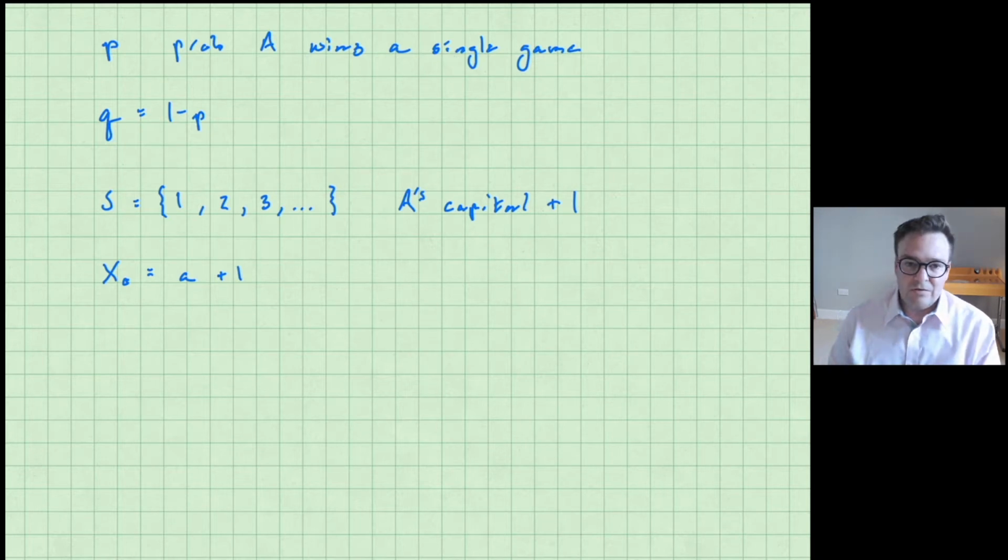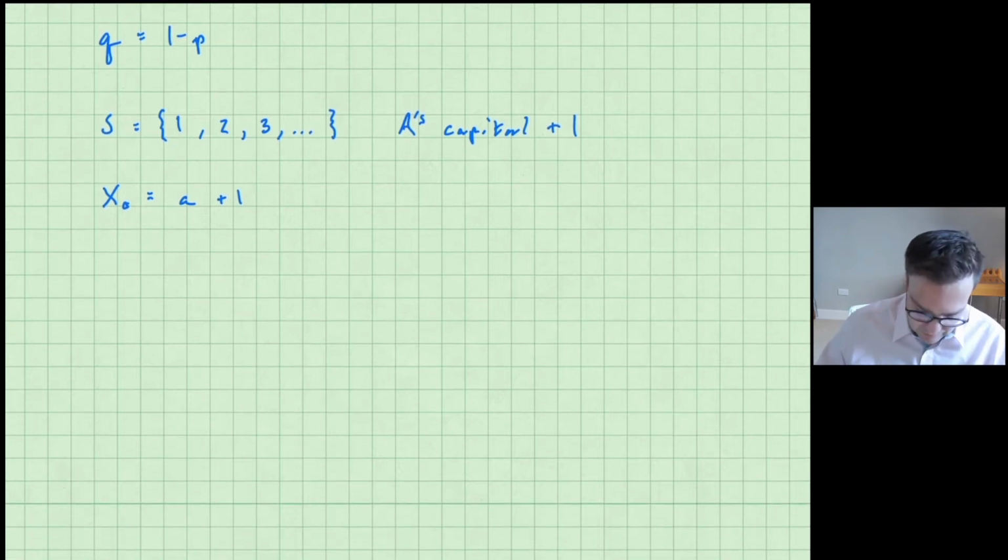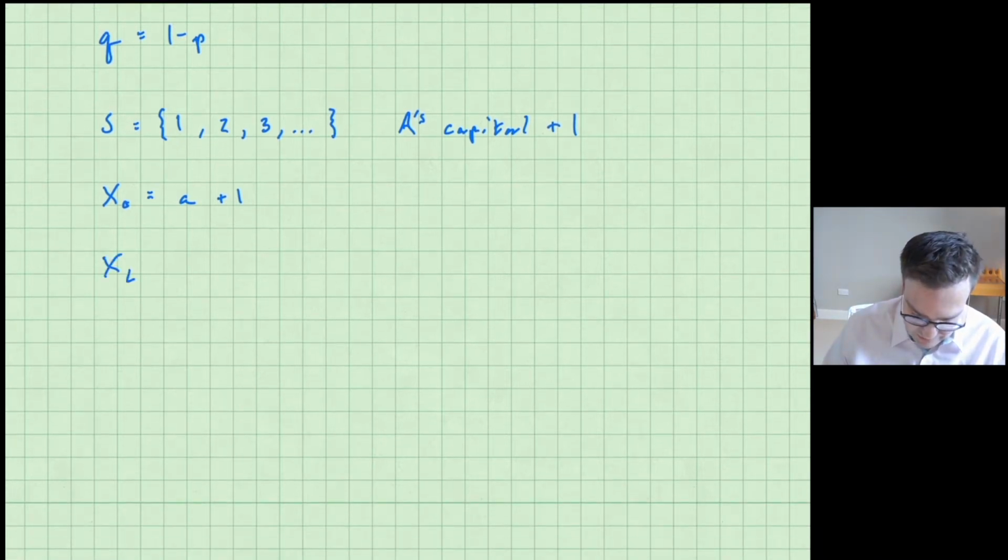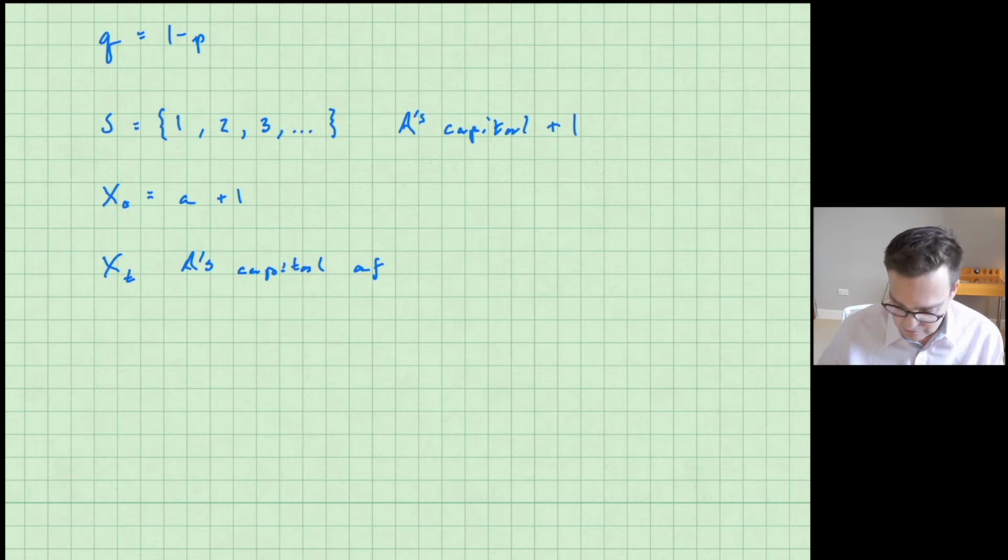So x, which is our chain, let's just write this out. In general, x sub t is equal to A's capital after game t, or after, well, you could call it game or time, plus 1. And so, of course, t has to be greater than 0. We've already defined x sub 0, but it's this plus 1.